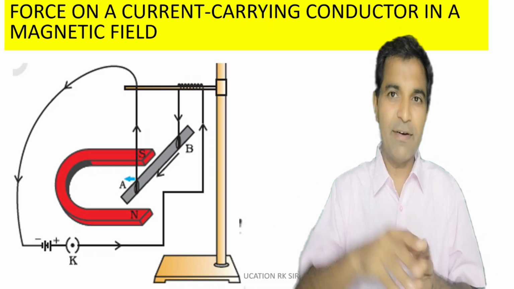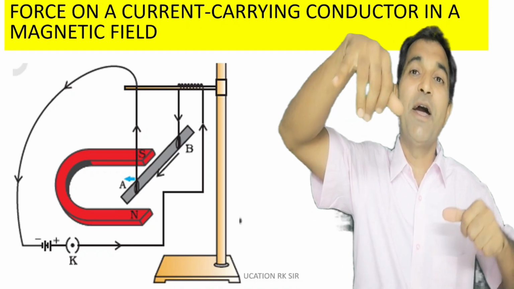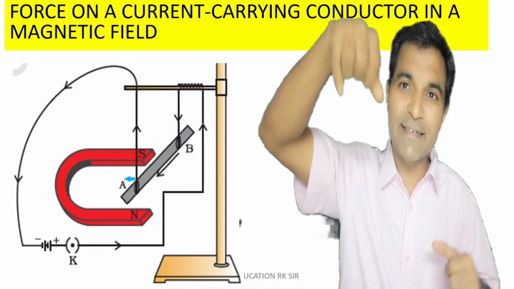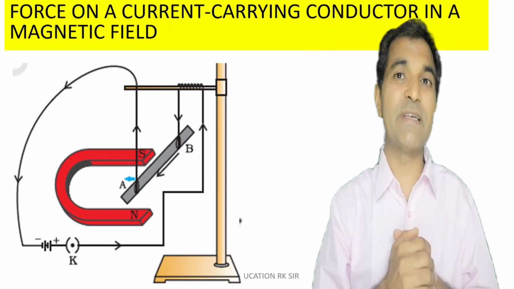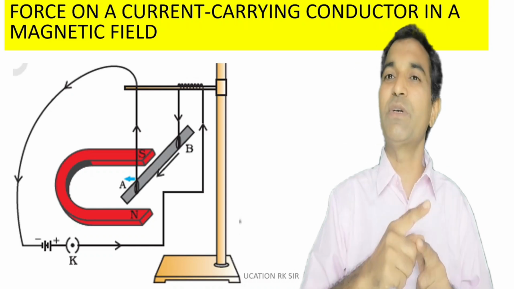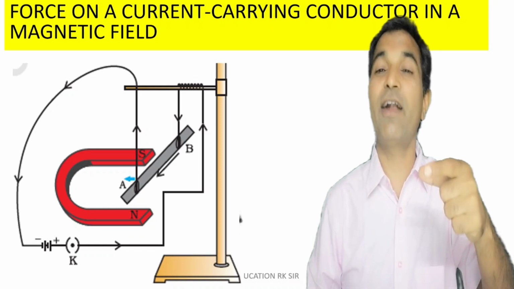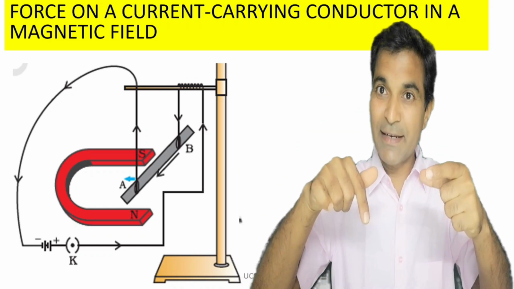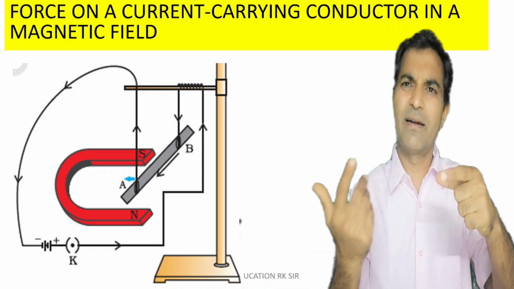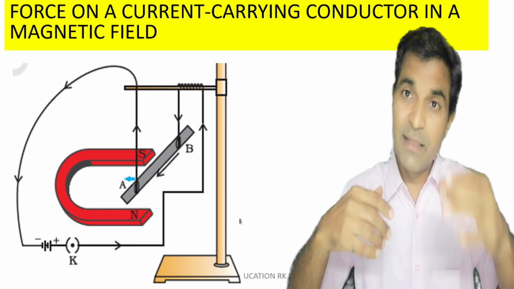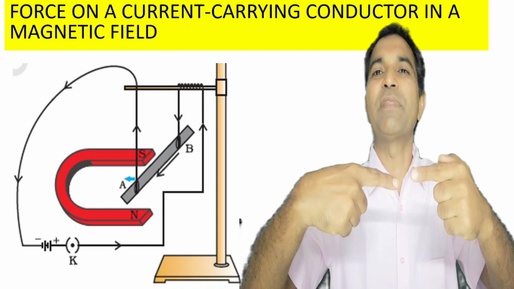Repeating, whenever a freely suspended current carrying conductor is placed, we observe that when we pass current through it, it will become a magnet, and when we bring another magnet, a bar magnet, then this magnet and this electromagnet will have a certain relationship.